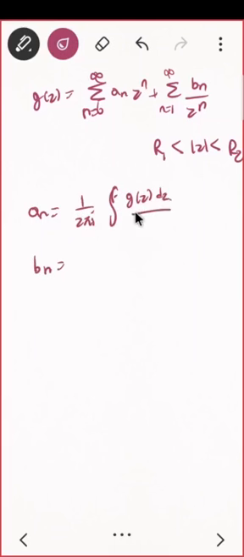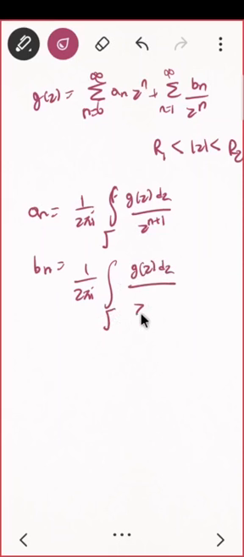And what are my an, bn? Just write: an is 1/2 pi i integral g of z dz upon z raised to n plus 1, and bn is 1/2 pi i integral over that curve g of z dz upon z raised to minus n plus 1.